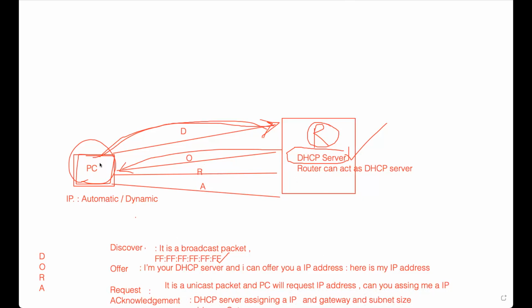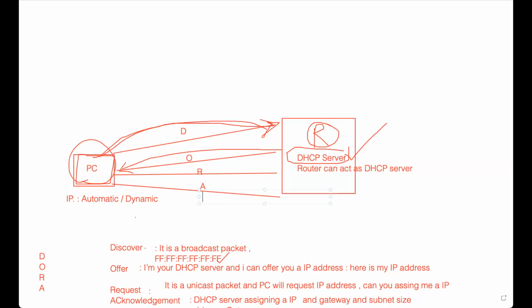So that's how the PC will send the discover packet, the server will send the offer packet, the PC will request an IP address, and then the server will be sending the DHCP IP to the PC, and it will also send the lease time.